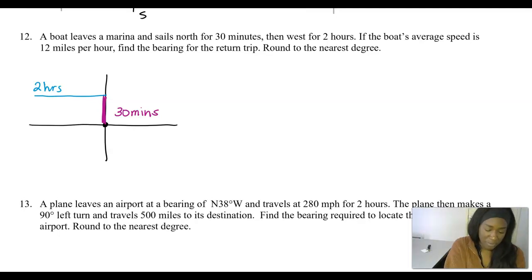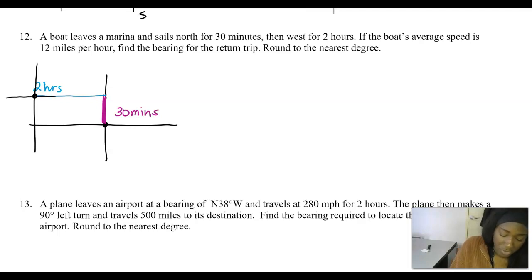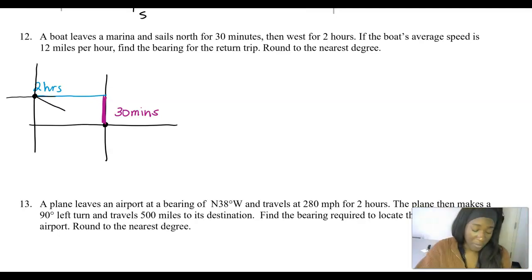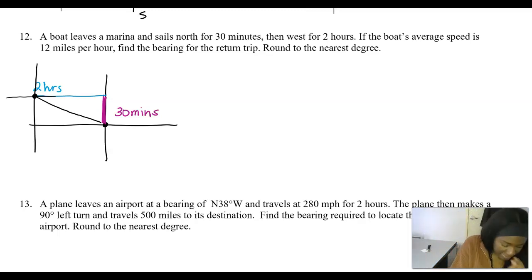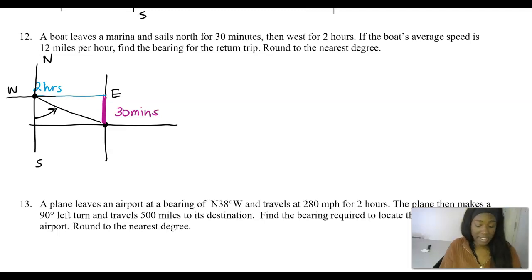So on the return trip, the boat would then be starting right here. So to calculate that bearing, we would need to be thinking about a north-south axis in there. We already have a horizontal line here, and we're going back that way. So that's definitely going to be a southeast bearing. You want to know what that angle is right there for the bearing for the return trip.